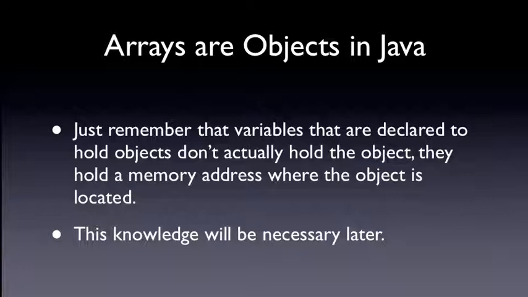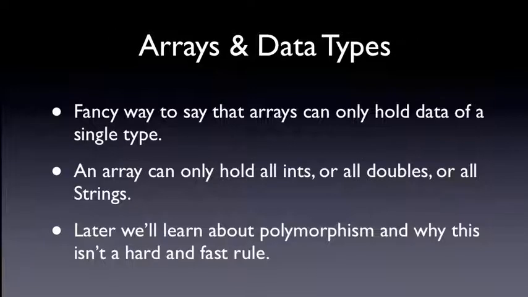That's more important with arrays in the sense that they're a list of items, and so really what the memory address is pointing to in our variable is just the first item in the list, and then from there the system can compute what's at the second position, the third position, and so on. If this is still confusing to you, just keep in mind that what we're talking about here is a system that is using a reference or a pointer. In other words, the variable is holding a memory address of where to find the actual array.